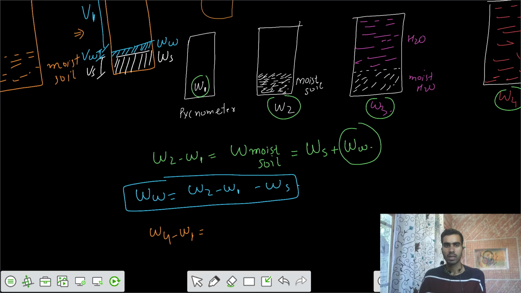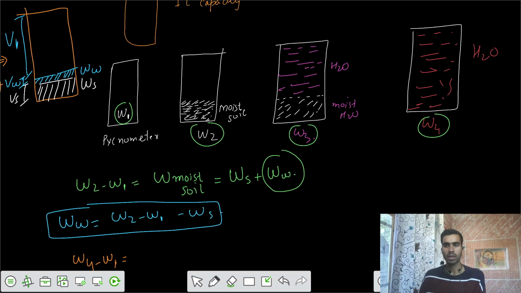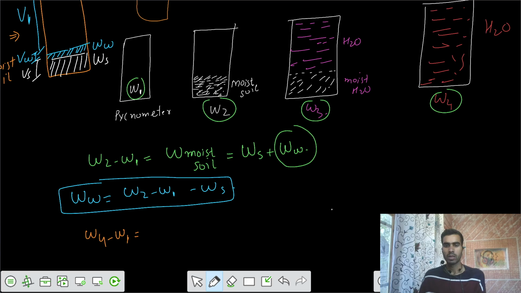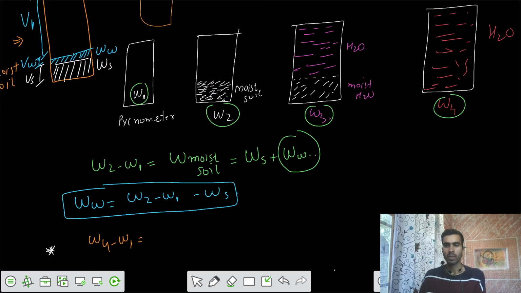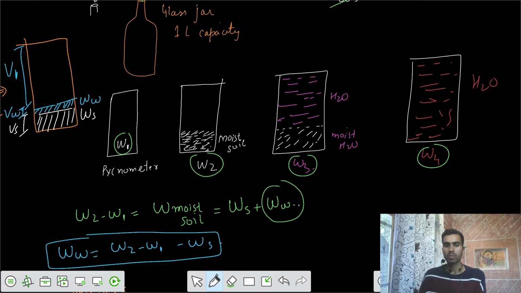Now, what is the value of W4 minus W1? This is the extra thing we have to perform. To understand how we get this, W4 minus W1 is where all the volume of the pycnometer is filled with water.